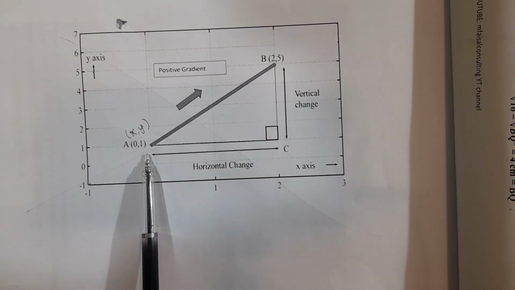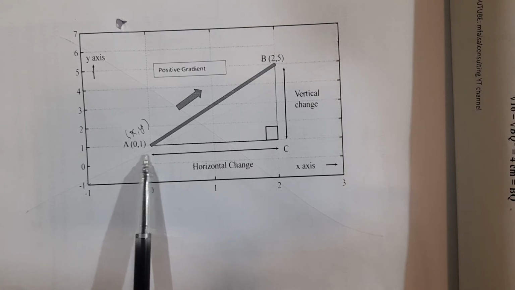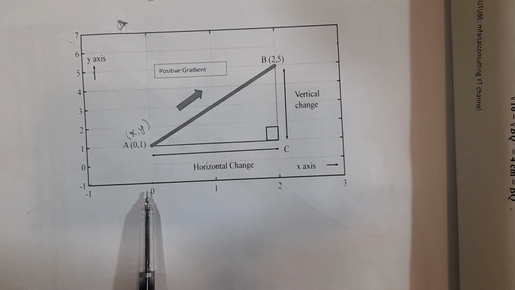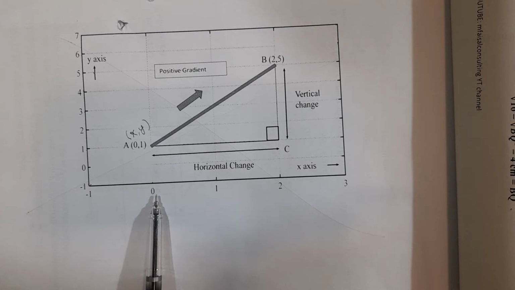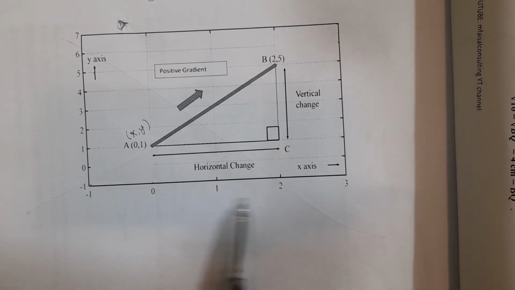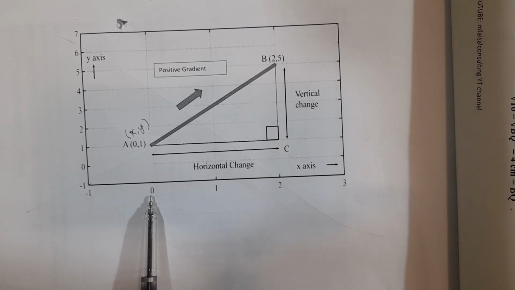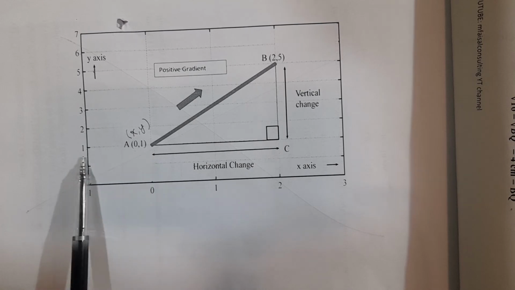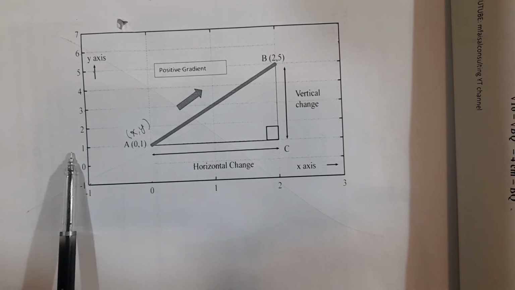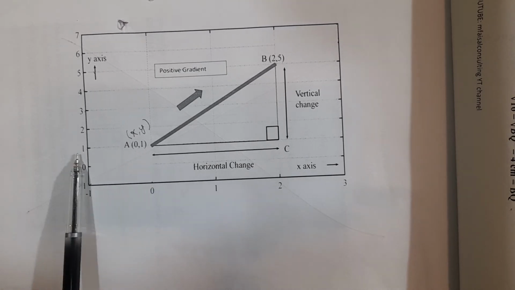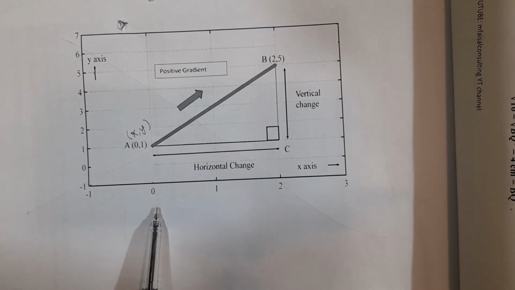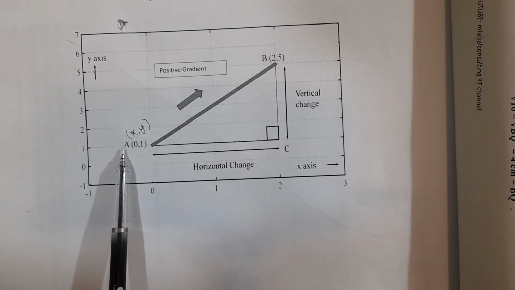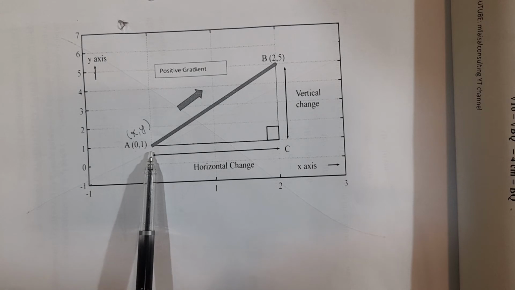Now the initial point was A, (0, 1). 0 means along the x-axis its position is 0, this is -1, this is 1, 2, 3. So along the x-axis this point is 0 and along the y-axis it is located at 1. So A is (0, 1).